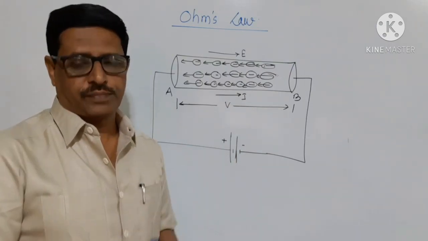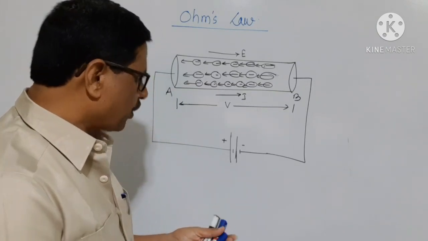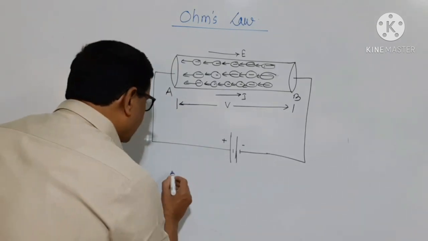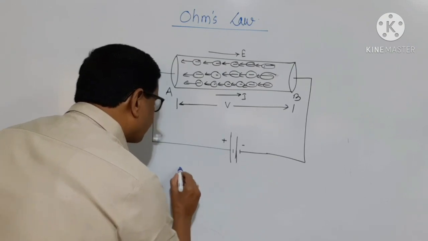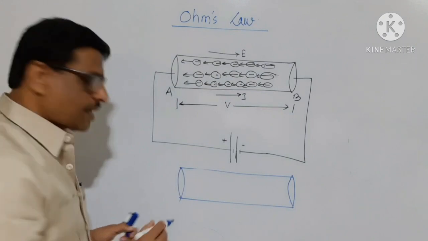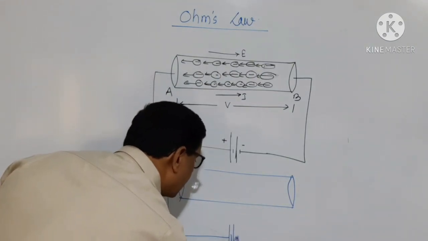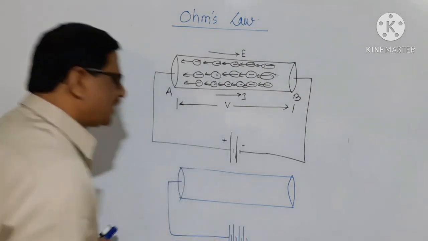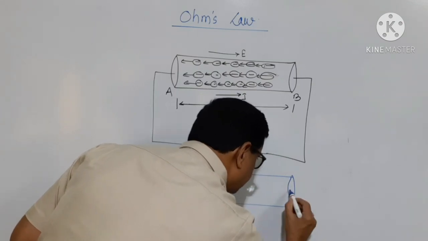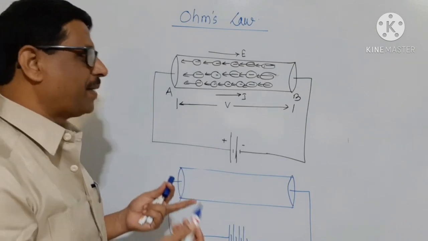Now, for the same conductor, let the conductor be the same and this same conductor is connected with a battery with large EMF, and the current in the conductor is measured with the help of an ammeter.